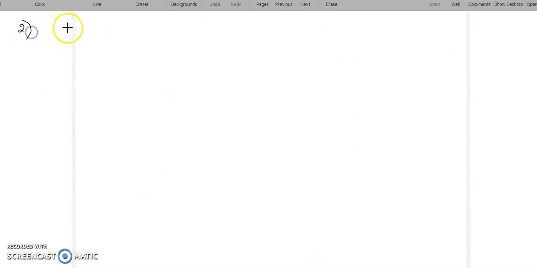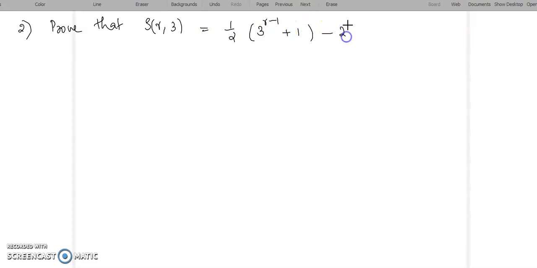Now let us see the next result. So prove that S of r3 is equal to 1 by 2, 3 raised to r minus 1 plus 1 minus 2 raised to r minus 1, where r is greater than or equal to 3.